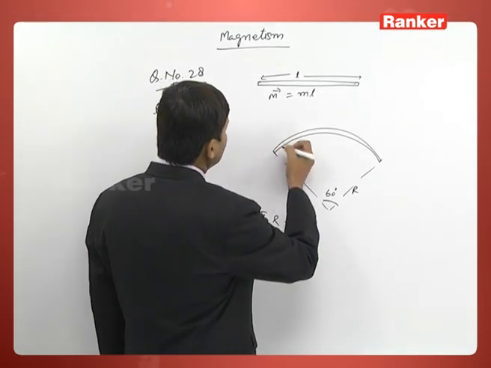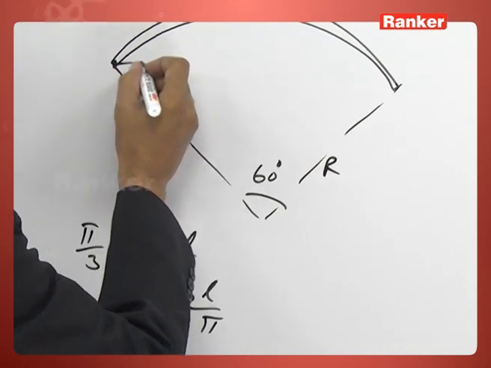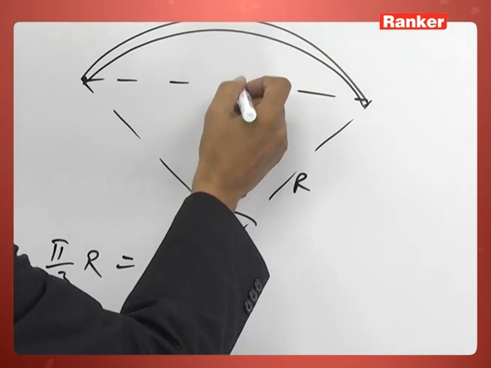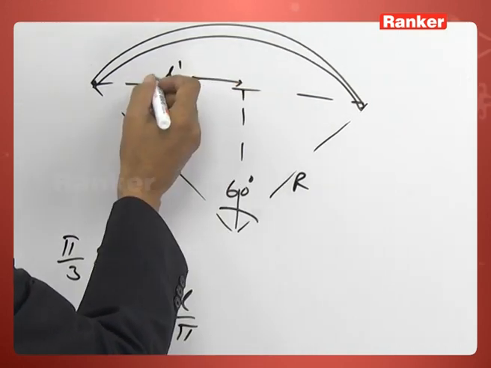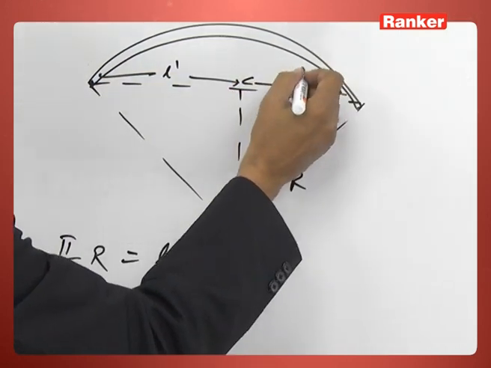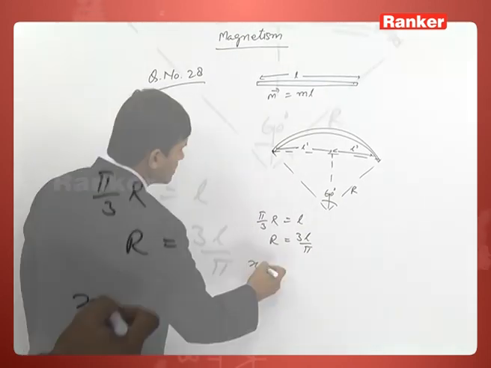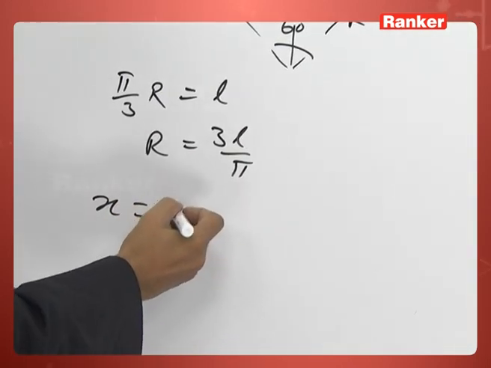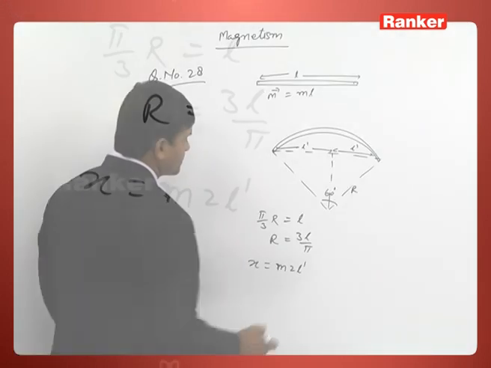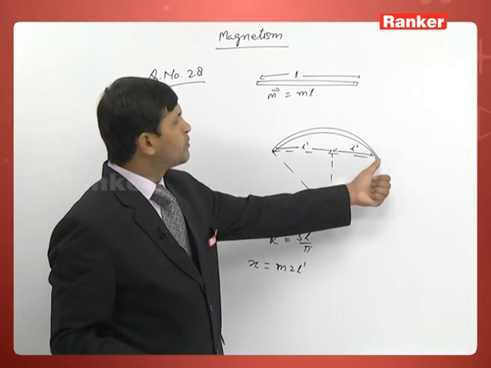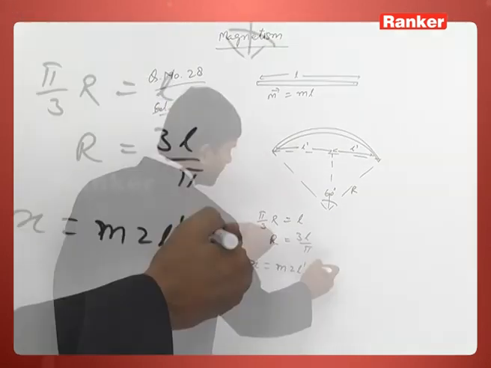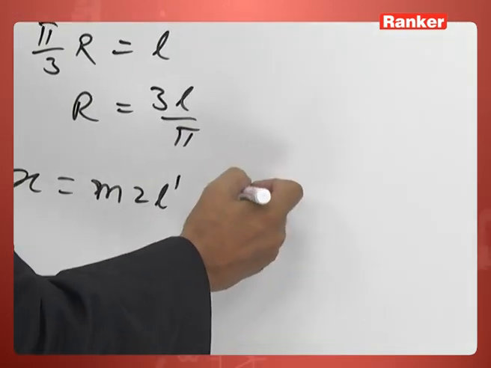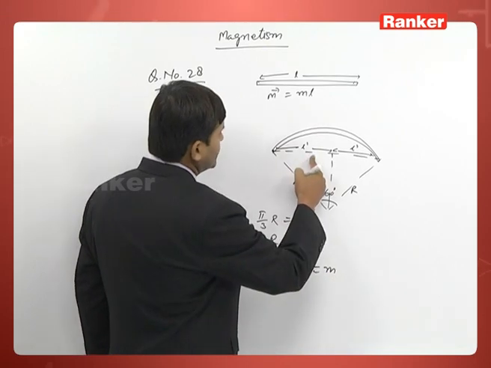Now the poles are here. If we are talking about the effective length, this is L dash, L dash. So x is equal to m into 2L dash. x is the magnetic moment when they make an angle of 60 degrees at the center. So this is m, L dash.